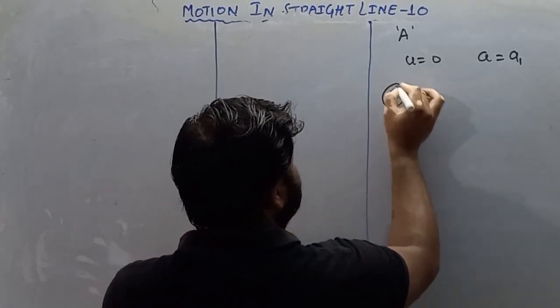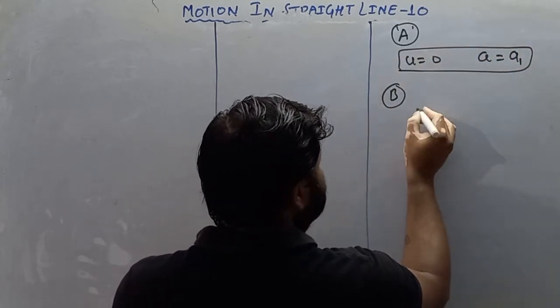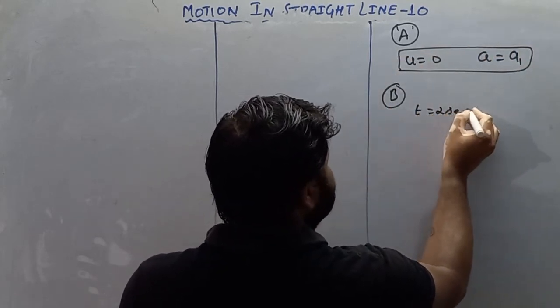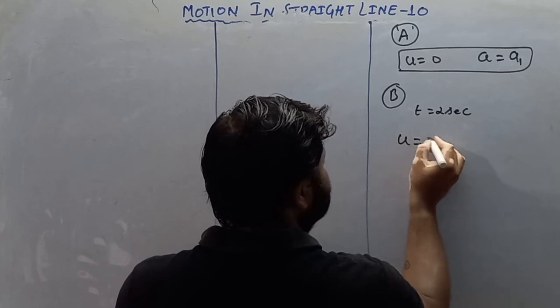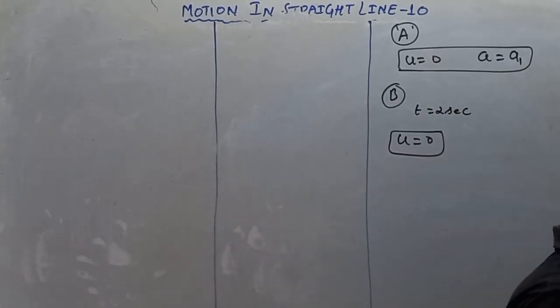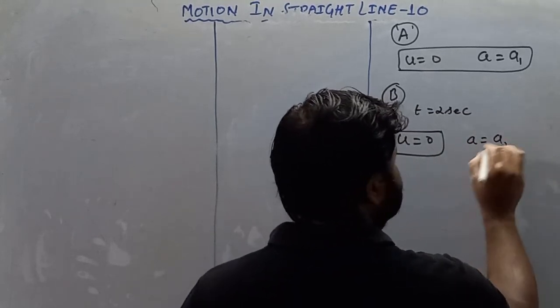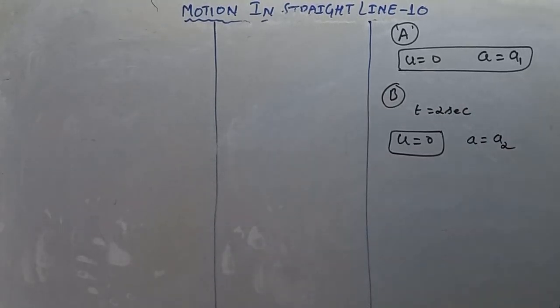So we are taking two bodies, one is A and one is B. After 2 seconds, B starts from rest with an acceleration a2, full stop.